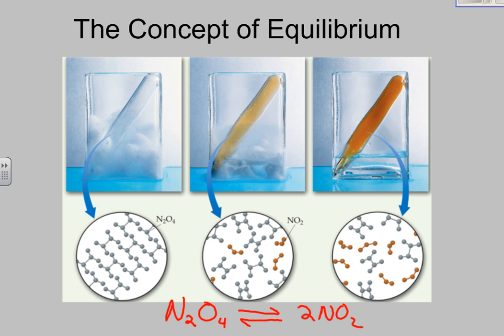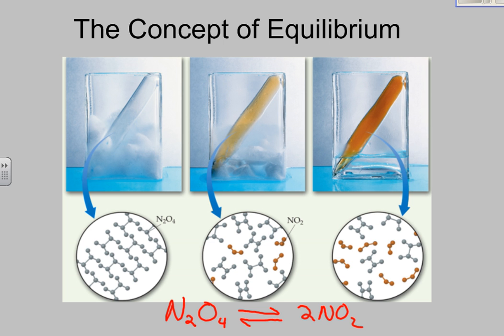So notice the way that we draw the arrows for this, each one is a half arrow pointing in the opposite direction. So this represents an equilibrium where it can go back and forth from reactants to products, products to reactants. And in the pictures here, hopefully you can tell that what they've changed is that the beaker container on the left is much colder.